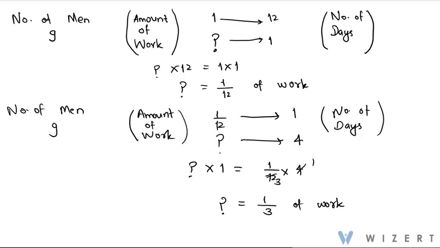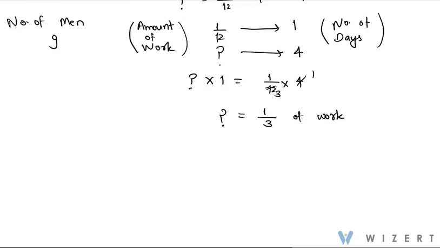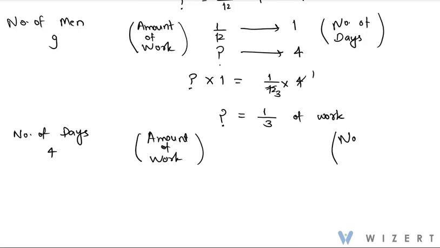Now we have the required constant number of days to perform the final calculation. So we keep the number of days equal to 4, constant, and vary the amount of work and number of men.